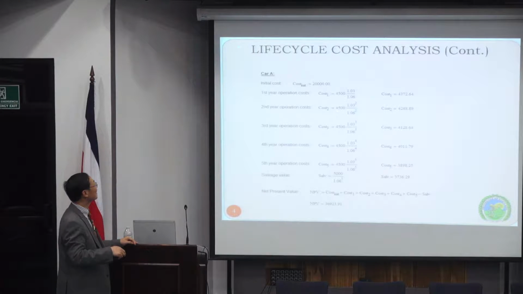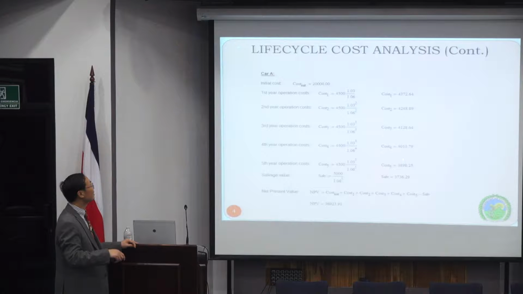You do the same thing the second year; that is the actual dollar value you spent, but then you discount back to get the present value. And you do the third year, fourth year, and fifth year.